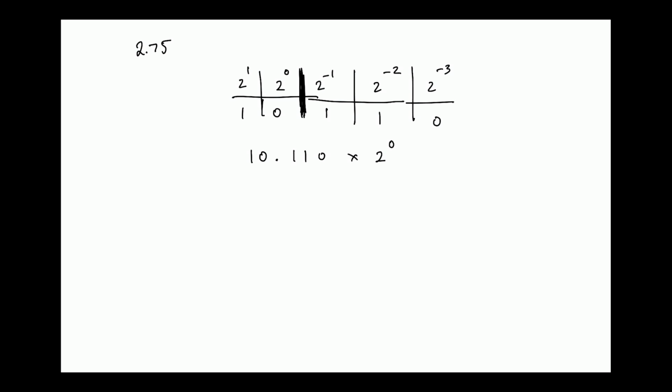Okay, we need some sort of word that's agnostic in terms of what base you're using. And the term that we use for that is the radix. Okay, from the Latin word which means root. Radish, by the way, same root, pun intended. Yeah, okay, so instead of the decimal point, we'll call it the radix because, again, we're not working in base 10. Okay, all right, is that cool?